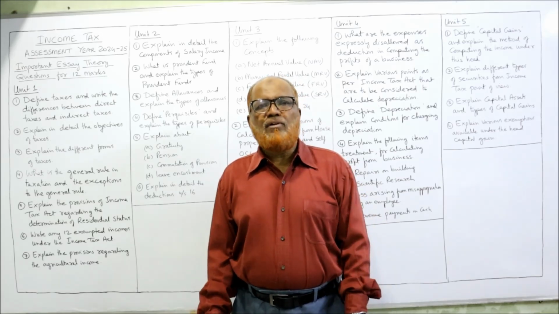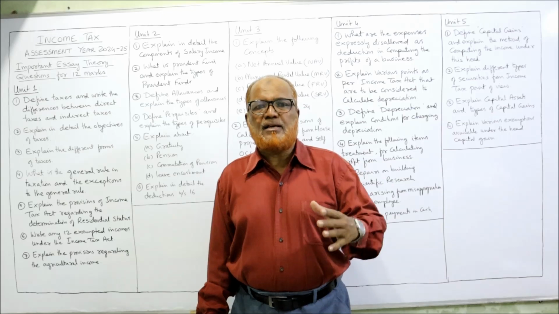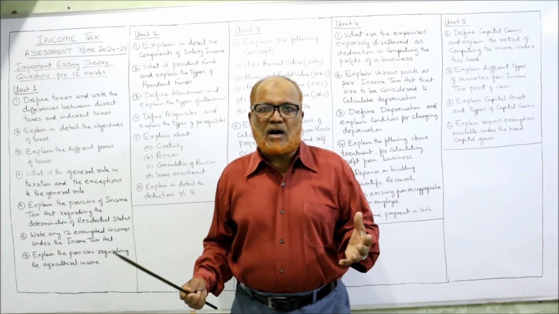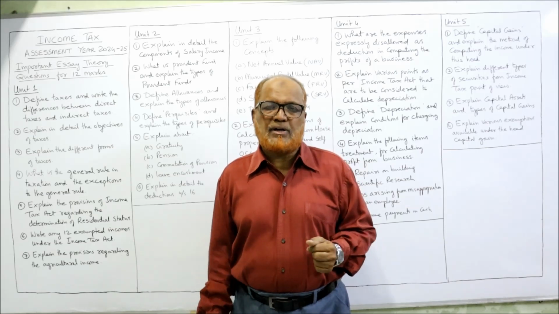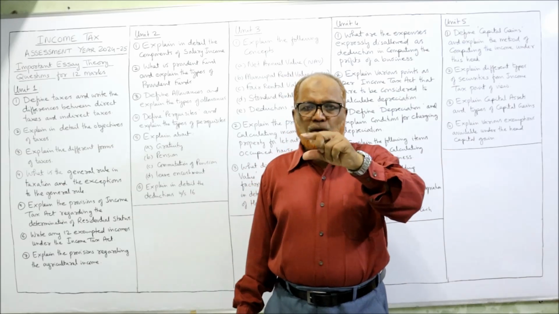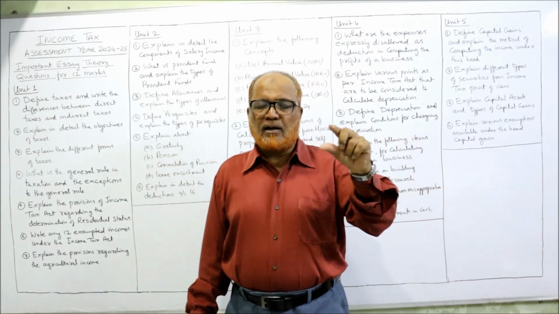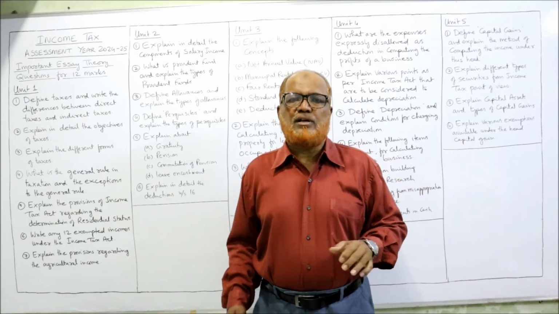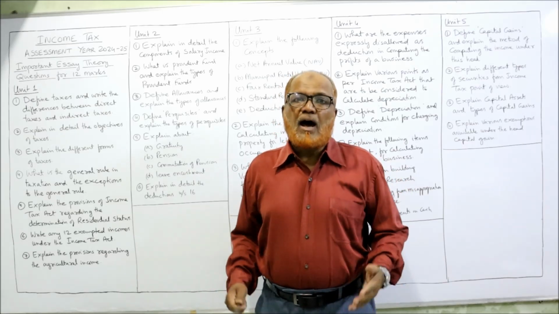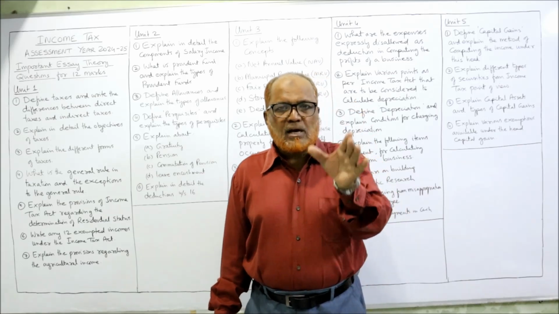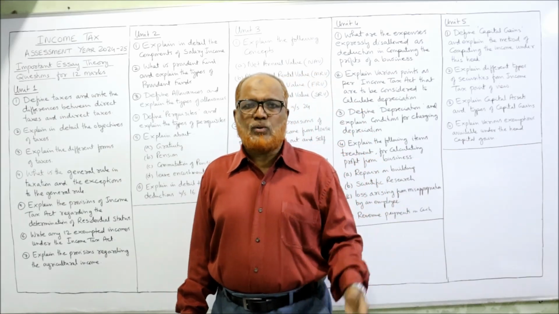Similarly, some allowances given to MPs, MLAs or High Court and Supreme Court judges are examples of exempted incomes. Interest on securities. There are some securities listed under the Income Tax Act. Interest received from those exempted securities is not taxable. Agricultural income, not taxable. So a few examples I have given, other examples you can refer.